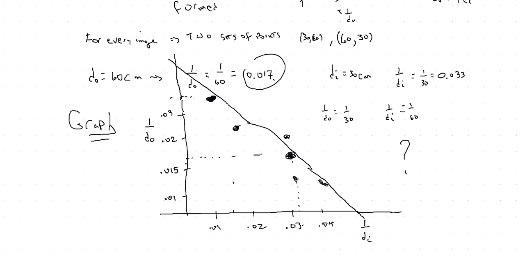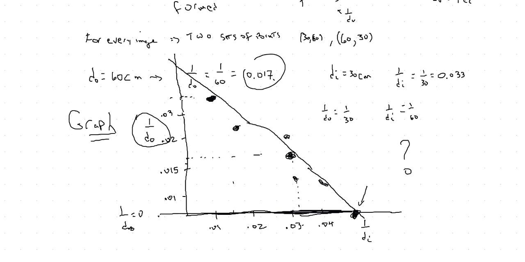Well, let's look at this point right down here, where this hits the axis. If I can measure where this hits the axis, what's going on there? At this point, it's on this horizontal line, where the value of 1 over do equals 0, because there is no 1 over do.